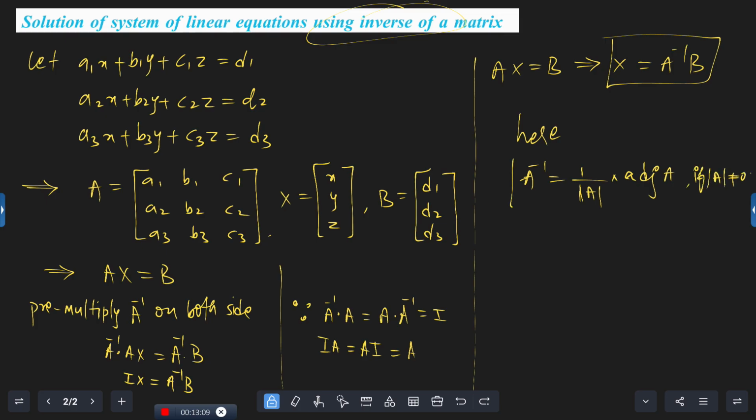Determinant of A must be not equal to 0, then only A inverse will exist. Suppose determinant of A equal to 0, A inverse does not exist. The solution, what we have to say? Inconsistent, we have to say. Solution does not exist.